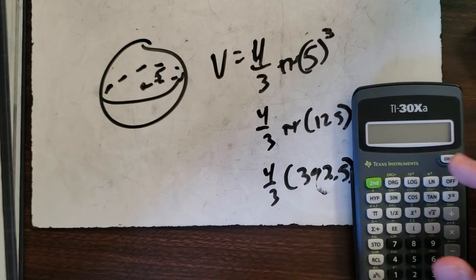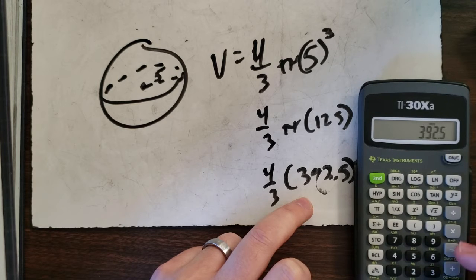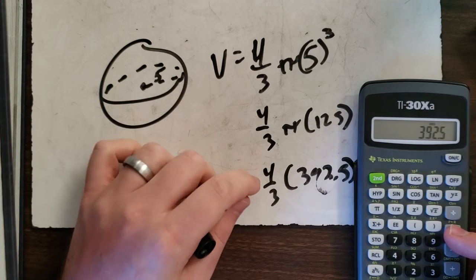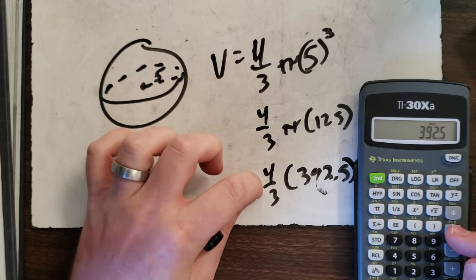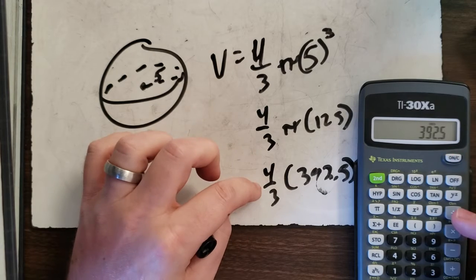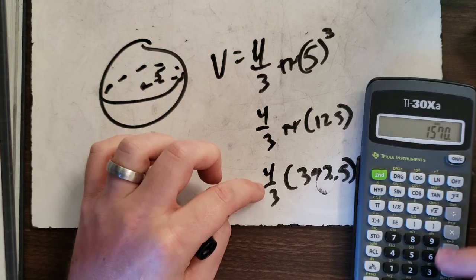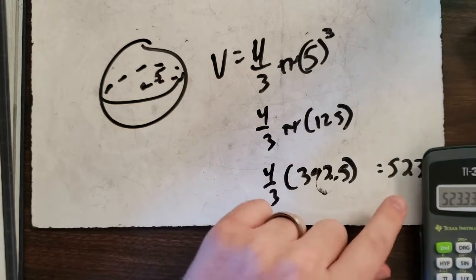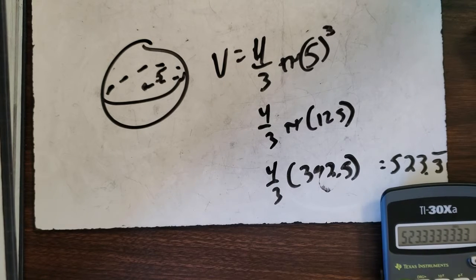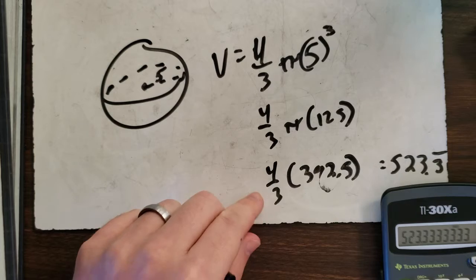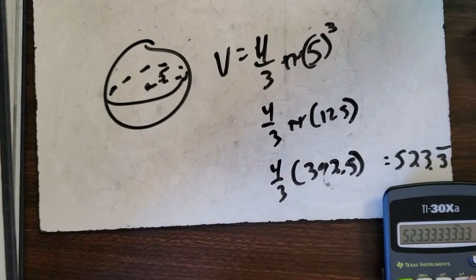Or you can keep working backwards and multiply 392.5 by your fraction. How do you multiply the fraction? Multiply by the top, then divide by the bottom. So 392.5 times 4, and then divide that by 3 to get 523.3 repeating. Either way is up to you. You can divide 4 by 3 and then times your number, or take your number times 4, divide by 3.